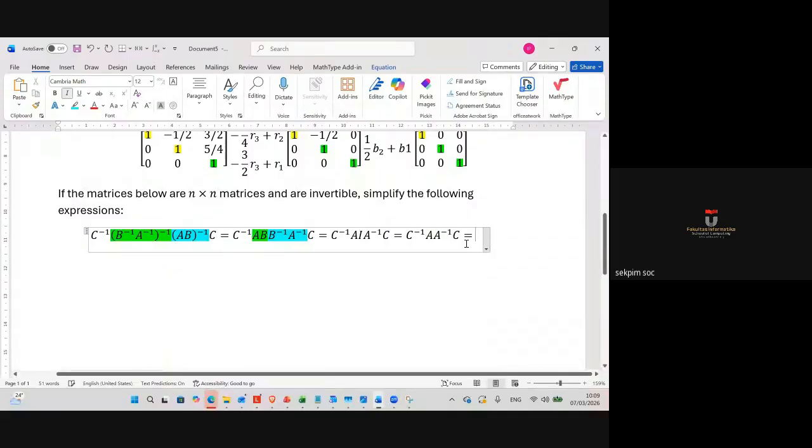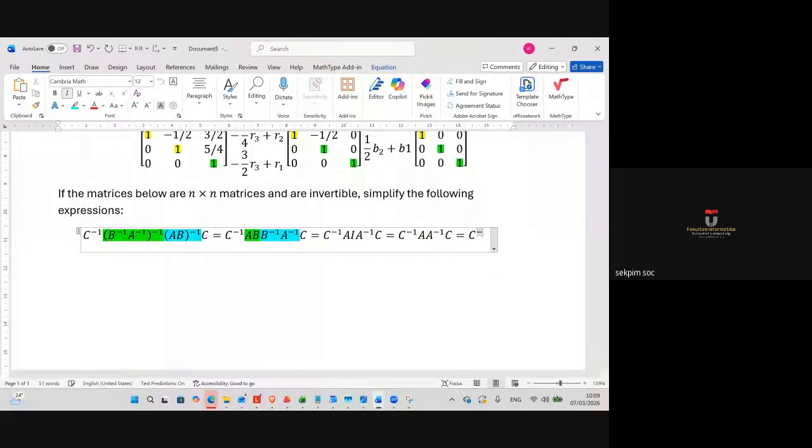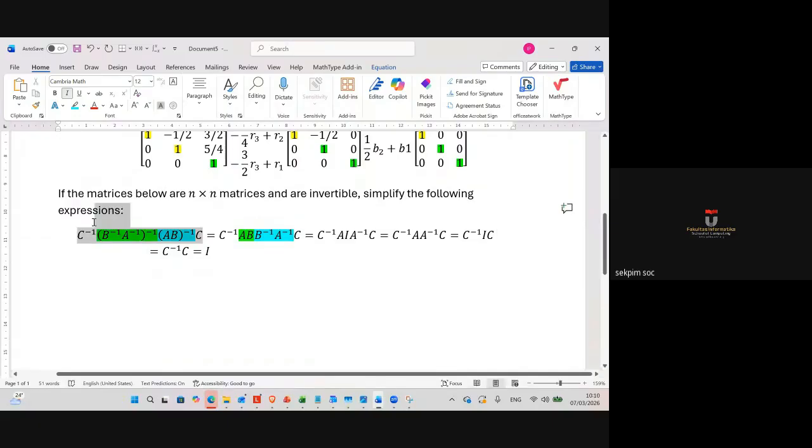So we have C inverse identity times C. And any matrix that multiplies with identity is just that matrix. So this is just C inverse times C, and C inverse times C is just identity. So this matrix, if we simplify using the inverse property, is just the identity matrix. So this one equals identity.